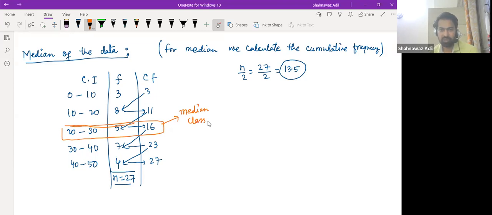Yes. So now we take the cumulative frequency of the preceding one. So this is the CF, right?